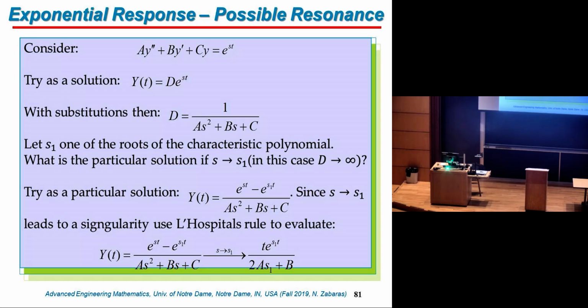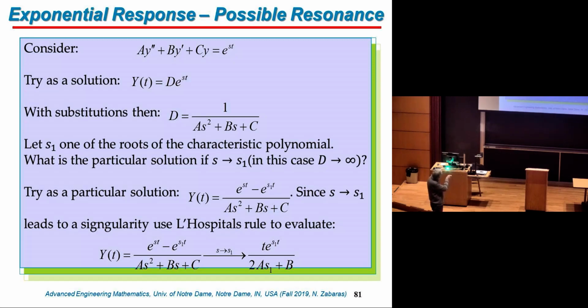So what I'm going to do is modify the solution d e to the st and take a particular solution of this form. Will you agree with me that this is also a particular solution, and why? Look at this equation, y of t, and tell me if it is still a particular solution. I have not forced yet that s is equal to s1, but looking at that equation, do you think it's still a particular solution? Obviously, the first term, e to the st divided by that, is a solution.